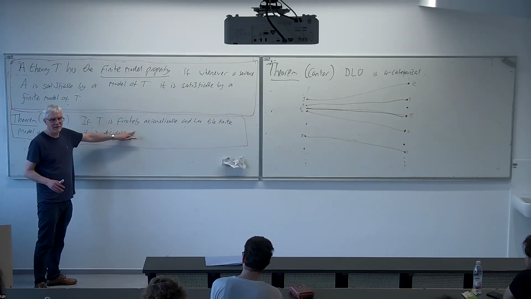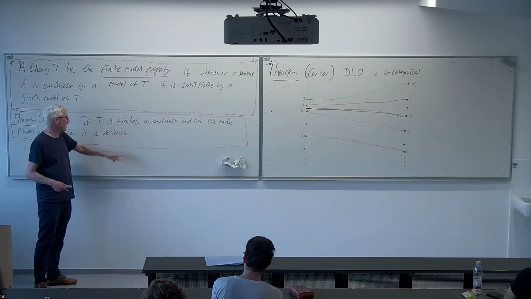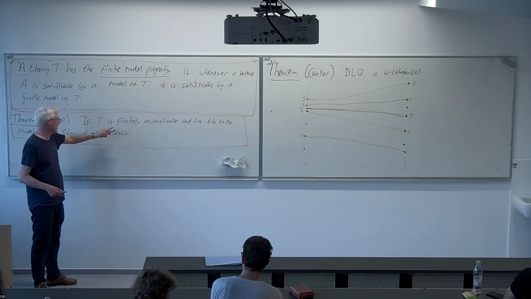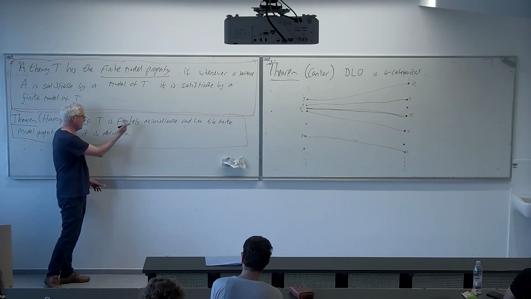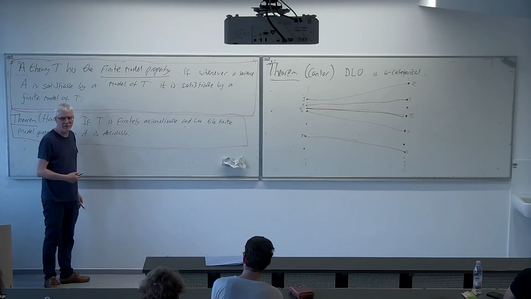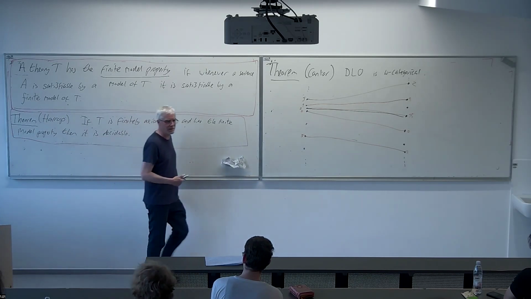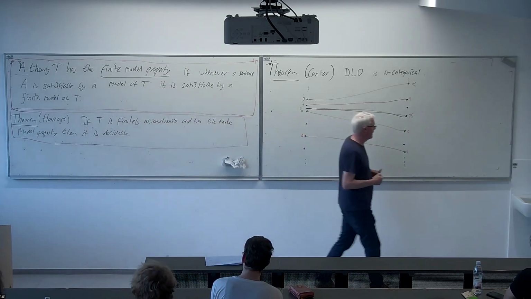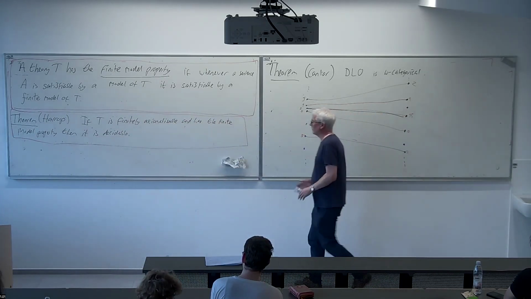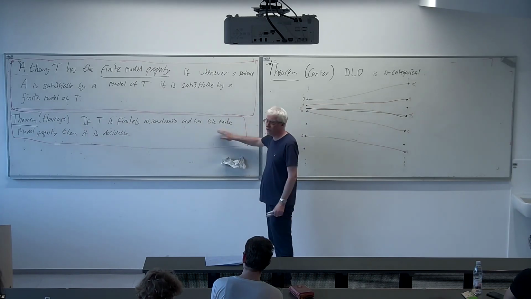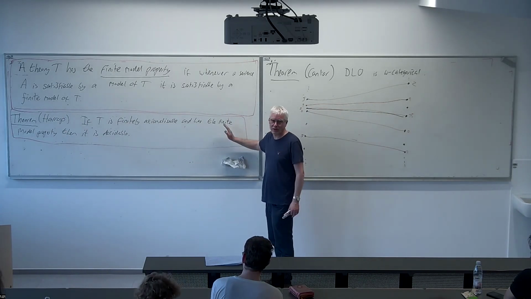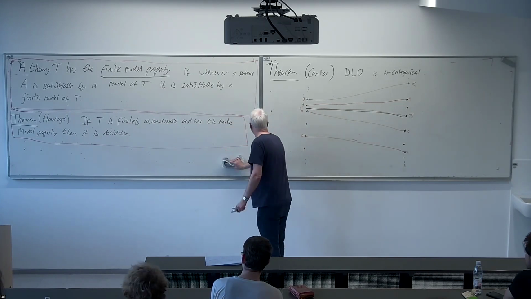If anyone wants a challenge and knows some computability theory, think about finding an example of a computably axiomatizable theory that has the finite model property that's not decidable. All I'm going to do here is prove this now, and I shall remark on where we use the fact that the axiomatization is finite in the proof.